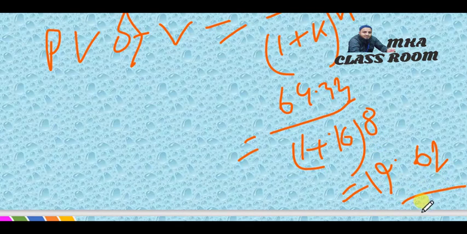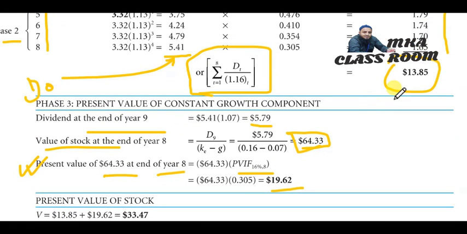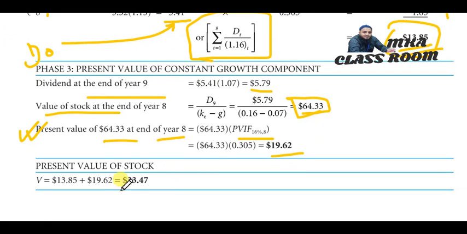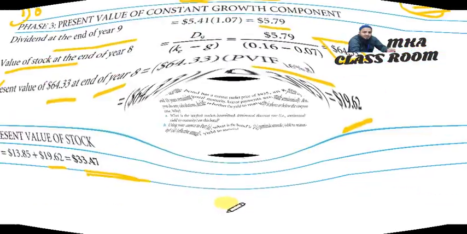So our value should be 19.62. So then the present value of the stock: here is the dividends' present value 13.85, and here is the stock's present value 19.62, that is 33.47, our answer.